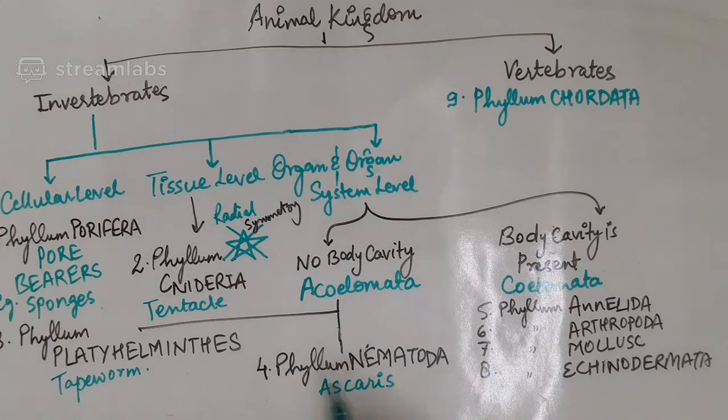Next, 1, 2, 3, 4, fourth phylum. Then the phylum Annelida. The first two phyla carry organisms which are simpler than the other ones. The third phylum Platyhelminthes, phylum Nematoda and phylum Annelida are the phyla for the worms, like tapeworm, ascaris. Annelida means the earthworm.